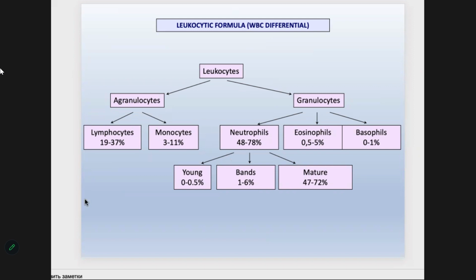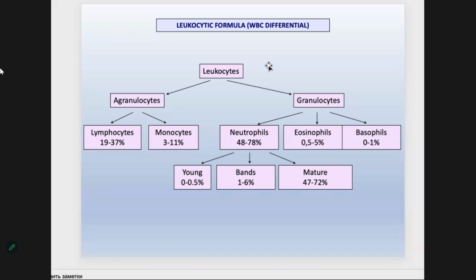This is a morphological classification of leukocytes and also the leukocyte formula. The leukocyte formula is a percentage of different kinds of leukocytes to the general quantity of leukocytes.